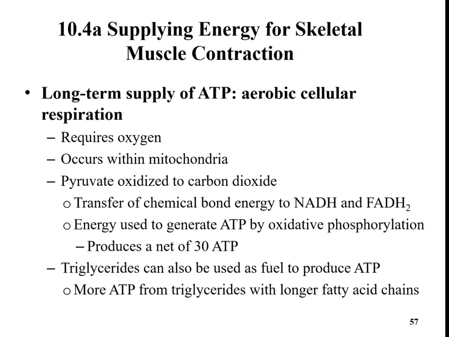They're going to transfer a lot of chemical energy to these intermediaries, NADH and FADH2. And then these guys go on to the electron transport chain and dump their electrons onto it. And those electrons supply energy to generate ATP, and that's going to be a net of 30 ATP, okay?